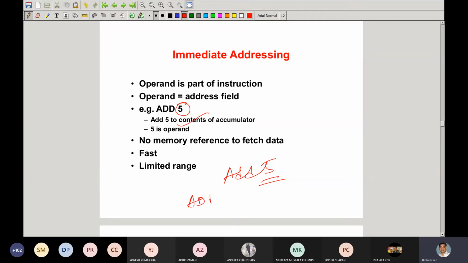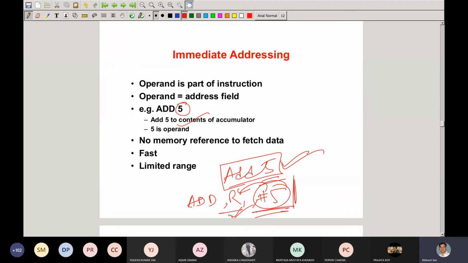Or if you write add R1 comma hash 5, 5 will be added to the content of R1 and R1 will be updated. No memory reference to fetch data, directly accessed. Here only one register is accessed. Very fast but limited range, because if I use two address format, one is occupied by the value, and only the other register you can use simultaneously.